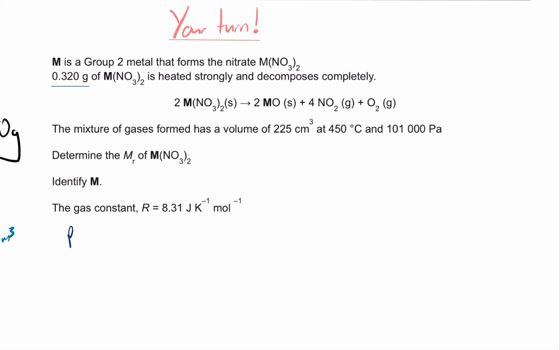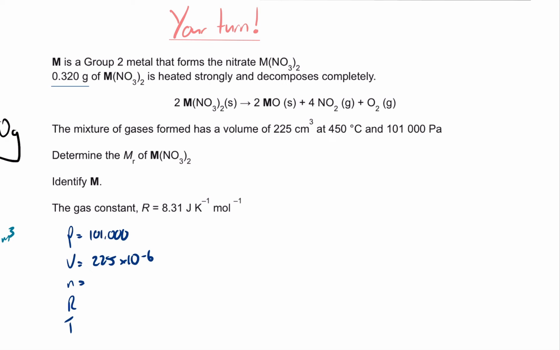So, as always, PV equals nRT. Pressure, we're told, is 101,000. That's in pascals already, so we don't need to do anything about that. Volume is 225, but that's centimetres cubed, we need metres cubed. So we need to times that by 10 to the minus 6.